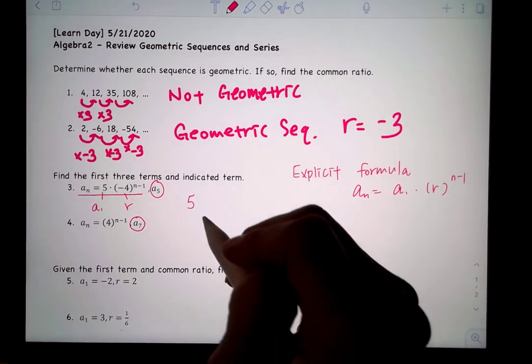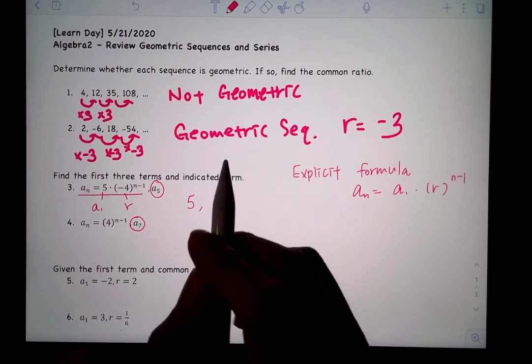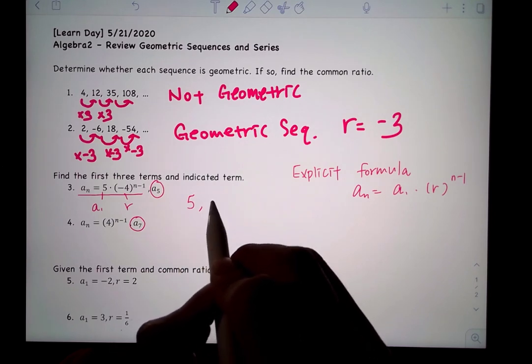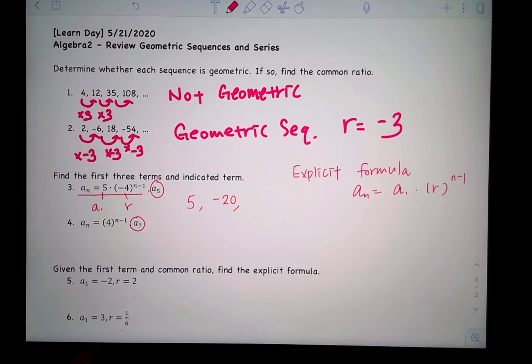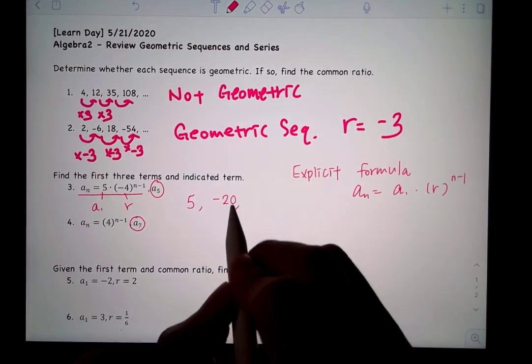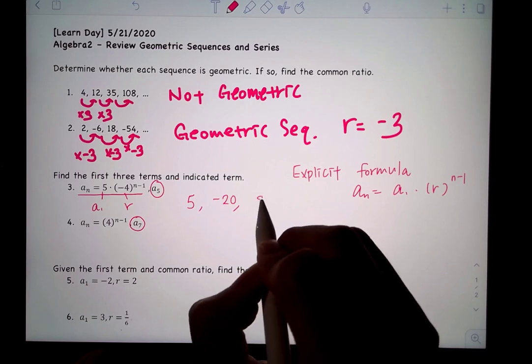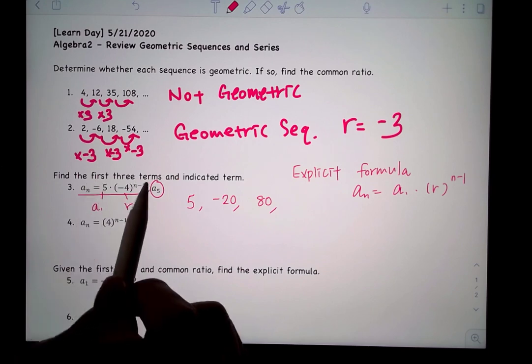And what's your next? You multiply it by your common ratio, which is -4. So you multiply 5 by -4, then what do you get? -20, right? And you multiply by -4 again, then you get +80, right? So we got the first 3 terms.